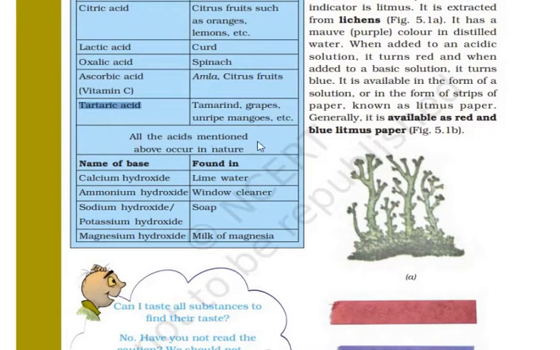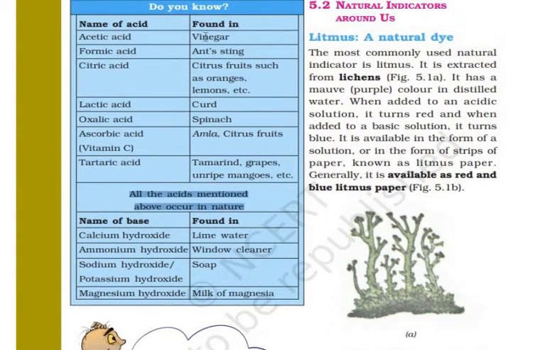All the acids mentioned above occur in nature. Since these acids are present in edible substances, they are directly present in nature.